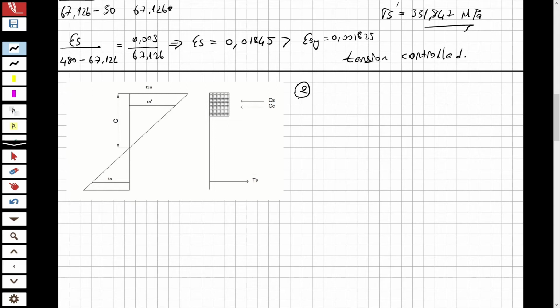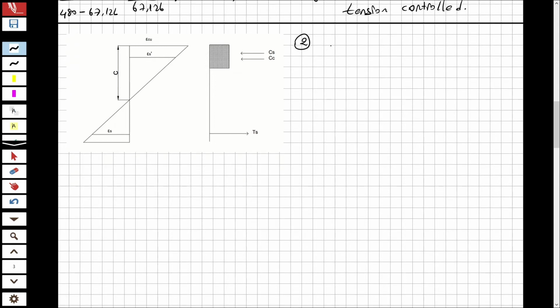For part two, we are going to write as an equilibrium that our bottom steel and the concrete yielded at the same time. So 0.01825, let's make a compatibility over d.